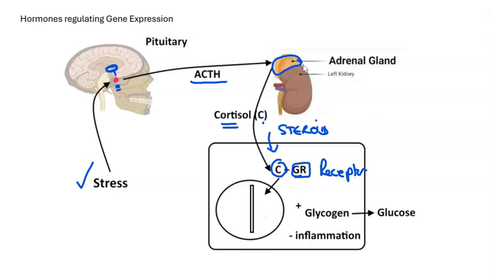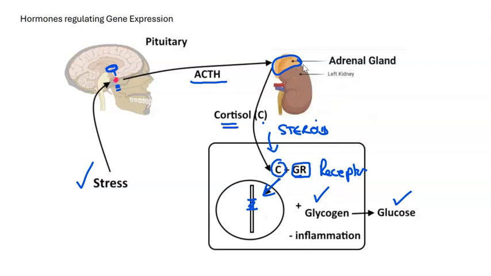Now together, the cortisol and the receptor are able to bring about a change in the expression of genes in the nucleus, and those genes convert the stored carbohydrate glycogen. It breaks it down and makes glucose, so gluconeogenesis is the name of that process.